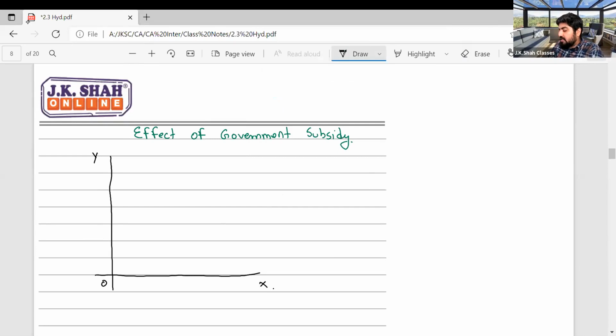Here on the y-axis, we will be having cost and benefit. On the x-axis, we are having quantity.